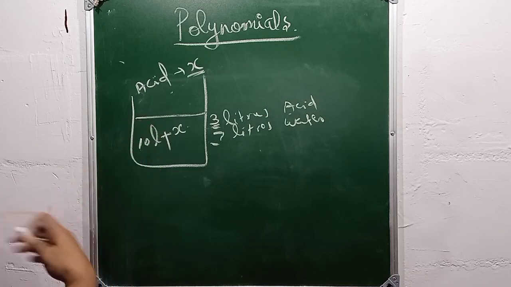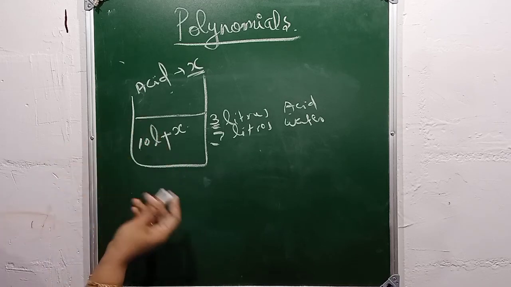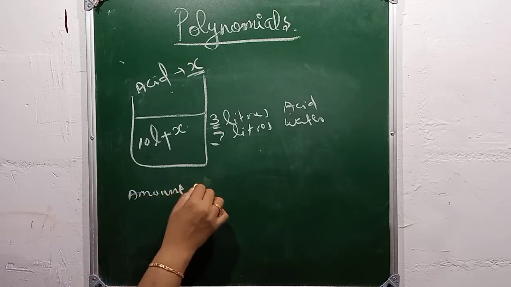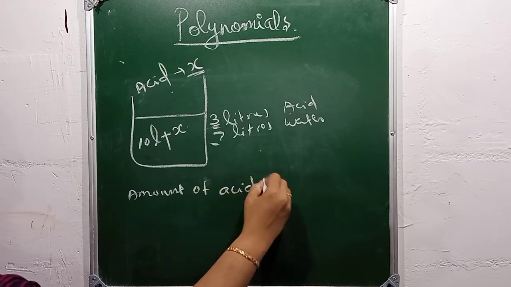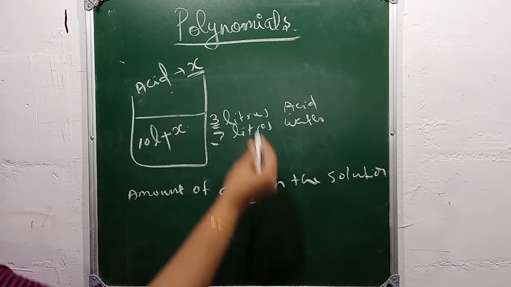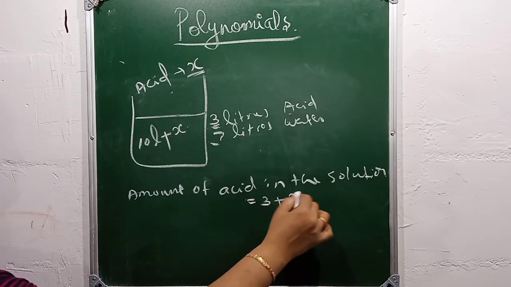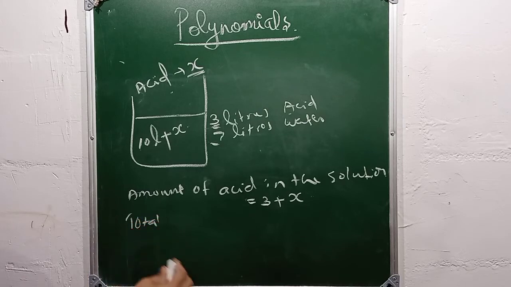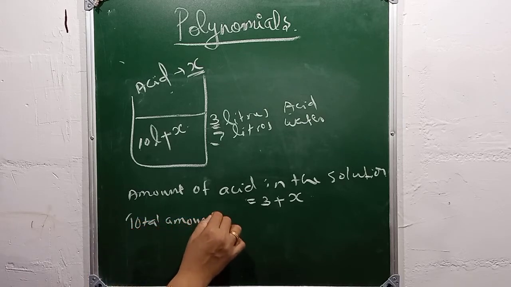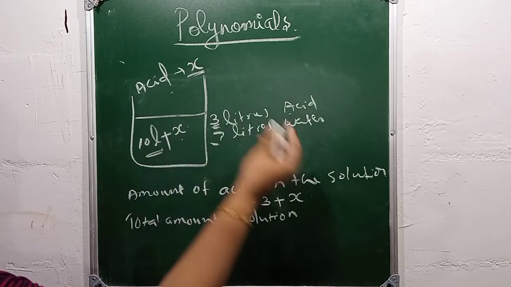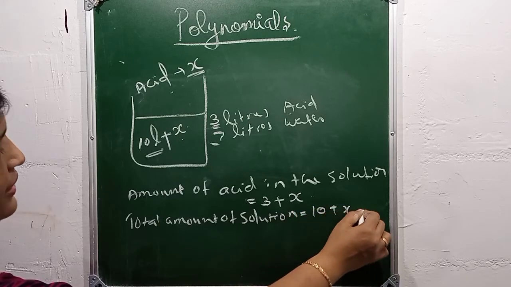So the amount of acid in the solution is, already we have 3 liters plus x liters. Then what about the total amount of solution in the vessel? Already we have 10 liters, then x more liters are added. That is 10 plus x.